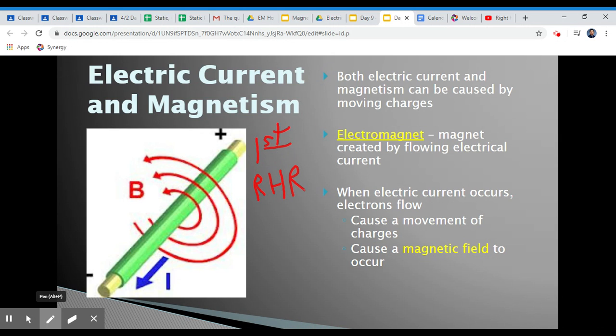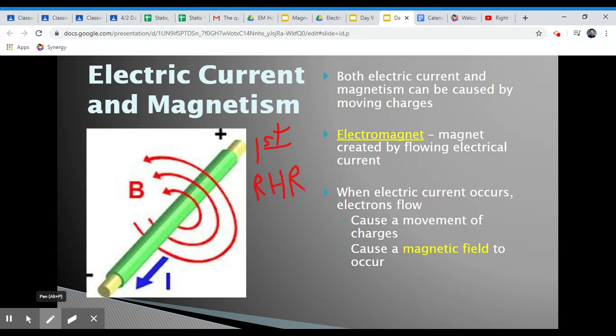This is just talking about the magnetic field that is created around a wire when you have current running through it. When you send current through a wire, you are creating a magnetic field around it. You're essentially making what is called an electromagnet. We can use electricity to create a magnet.